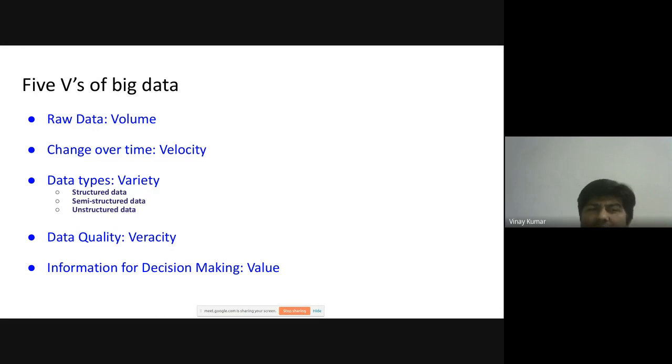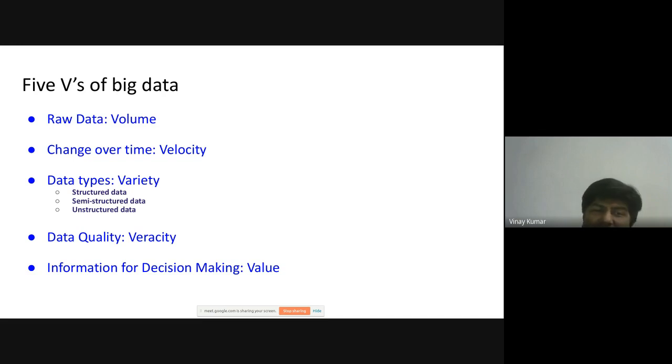To determine the value of data, the size of data plays a very crucial role. If the volume of data is very large, then it is considered as big data. This means whether a particular data can be considered as big data or not depends upon the volume of data.